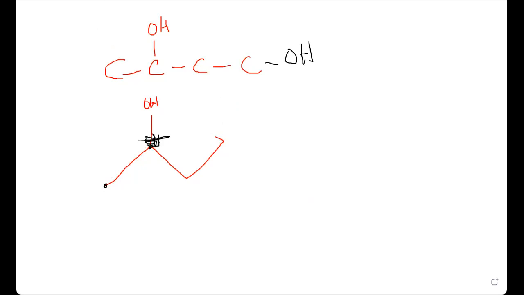That's why I have made a separate bond for the OH. See, another bond, OH. What does it mean? This corner is a lone carbon. This corner is carbon. This corner is carbon. Now there is OH at the last carbon, so you have to show OH separately. So you cannot do it like this.